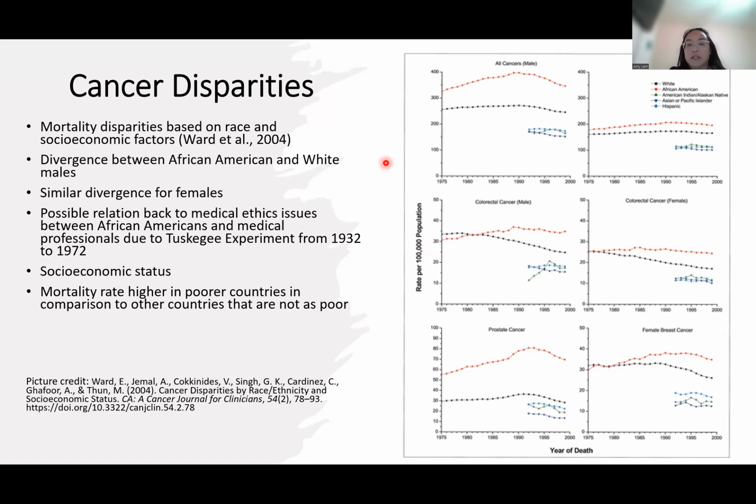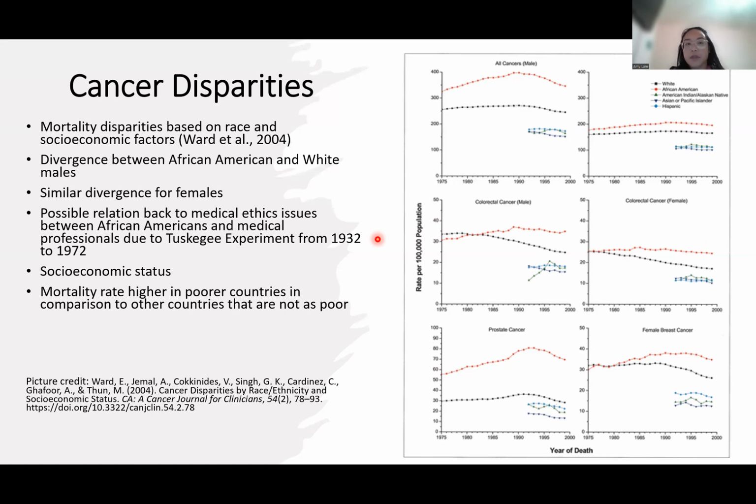And they had judged it as medically unethical because even after they found a treatment with penicillin for syphilis, they were still using those subjects and just basically treating them badly and letting them suffer and have consequences of being treated with the syphilis afterwards.